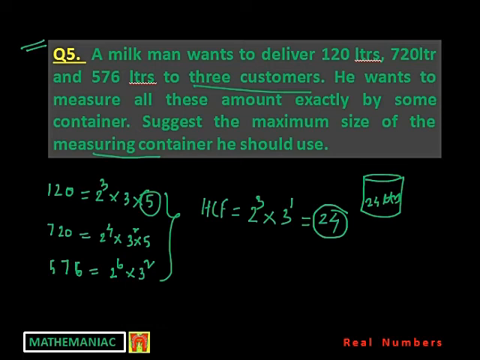If you need to measure this, it will be 6 more times, 30 times, right? And then this 24 times, because if you divide 24, it will be 24 left out. That may be an additional part of the question. How many times will you use this container to measure 120 liters? So it will be 4 times like that. Okay.